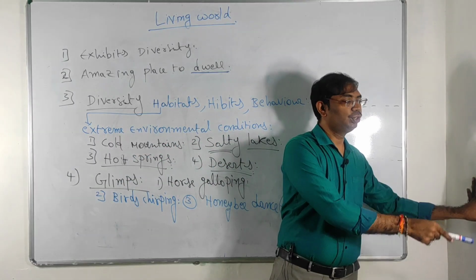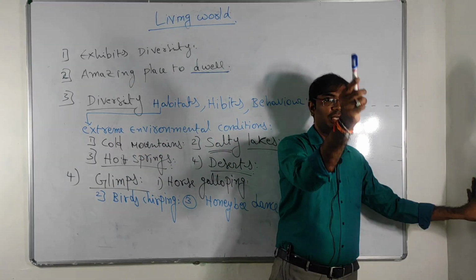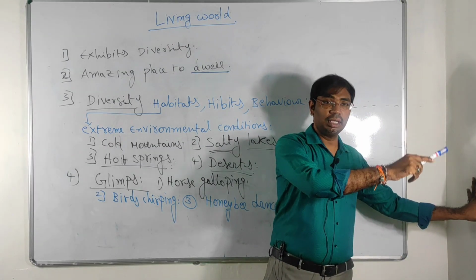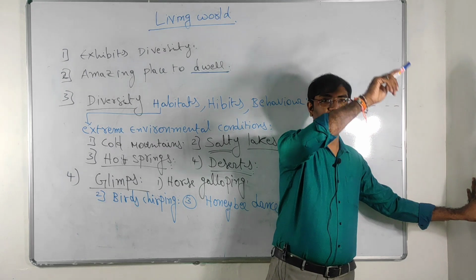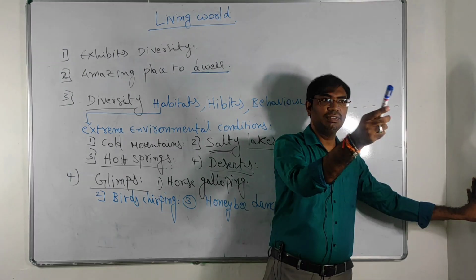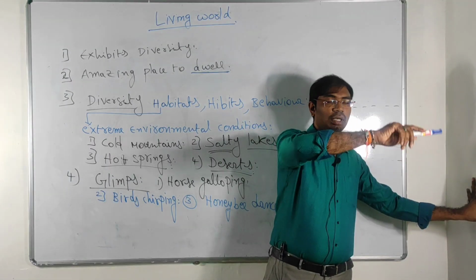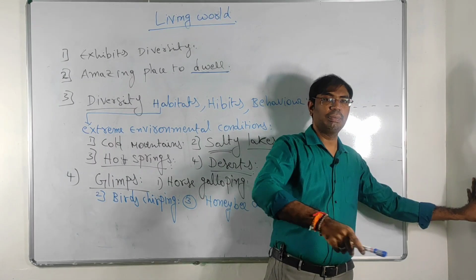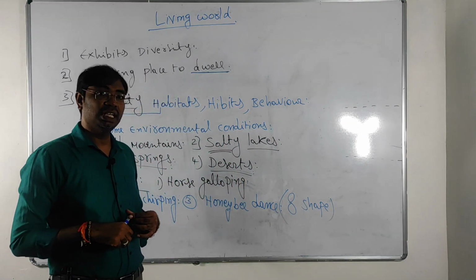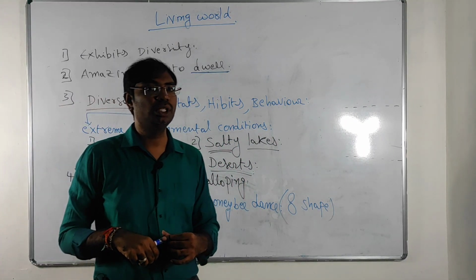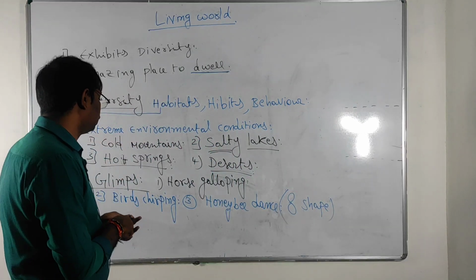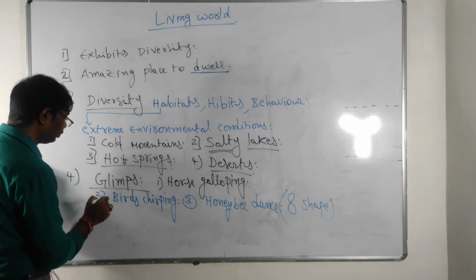The honeybee will show a dumbbell shaped dance or 8 shaped dance in this area. Other honeybees from distant locations can find this location very easily with the help of this dance. So the 8 shaped or dumbbell shaped dance is a signal or communication to the other honeybees for finding their food source. Okay, so that is the honeybee dance.